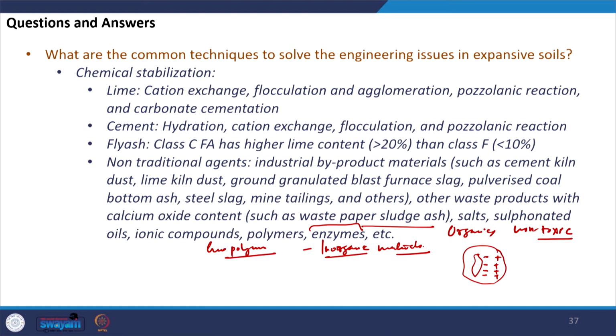Further, the enzyme, when it comes in contact with water, also forms CSH gel, which coats the soil particles and prevents further adsorption of water on the surface of the soil, and in this way it facilitates the stabilization of the expansive soil.